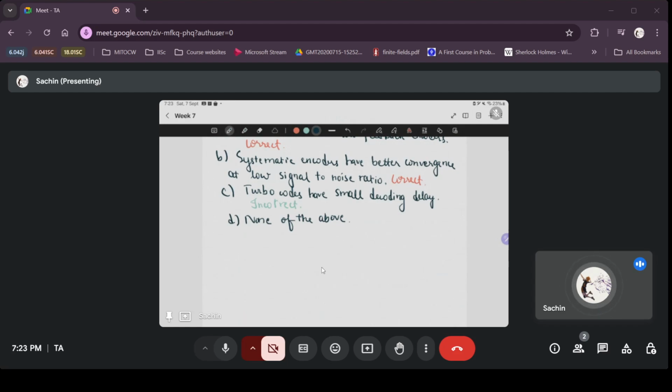One of the options is incorrect, as we have seen in this question. Two options are correct, one of them is incorrect.